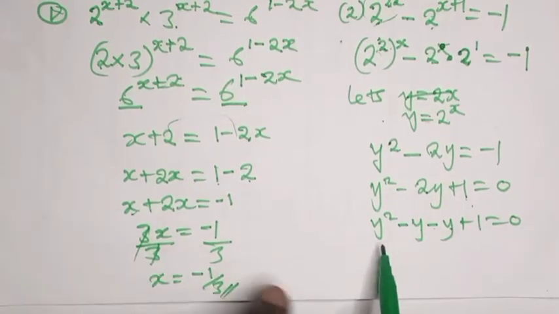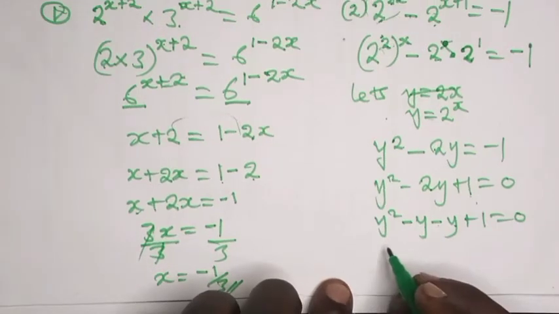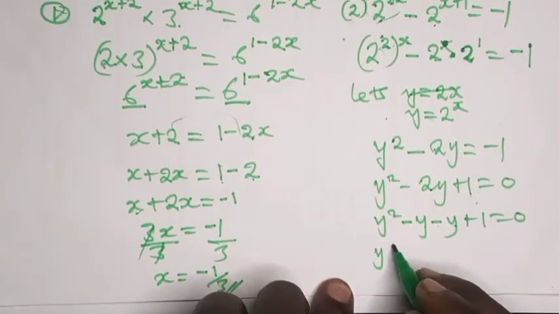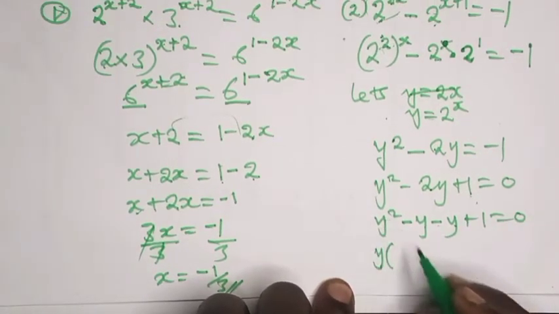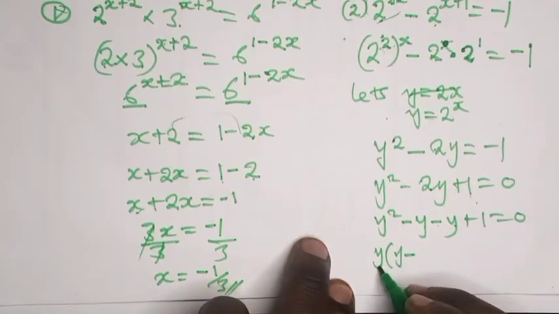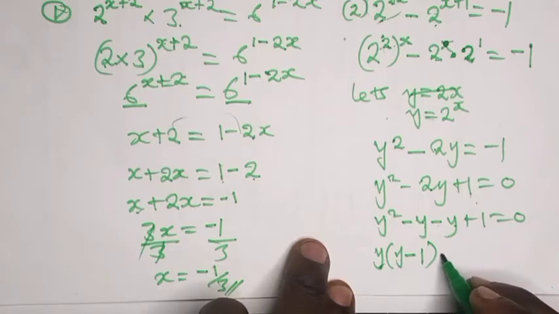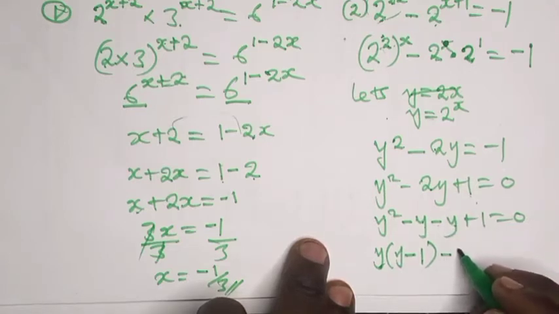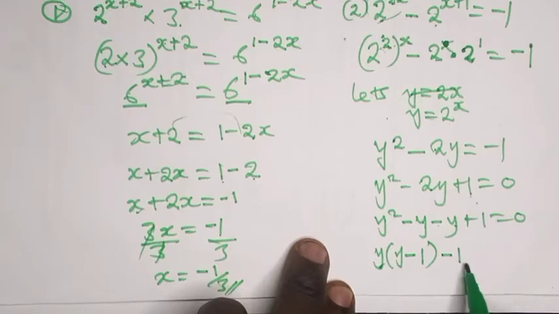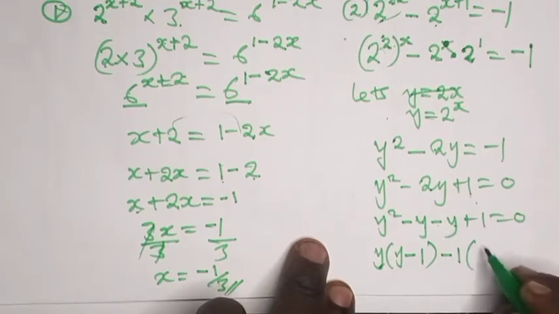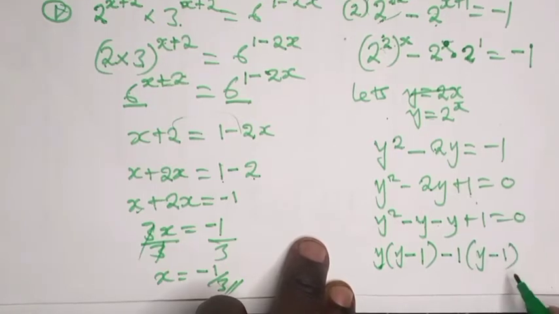What's common here? It's y. So it will be y, open brackets, y into y squared, it will be y, minus y into y, 1, plus minus, here what's common is minus 1. Minus 1 into y, it will be y minus 1.